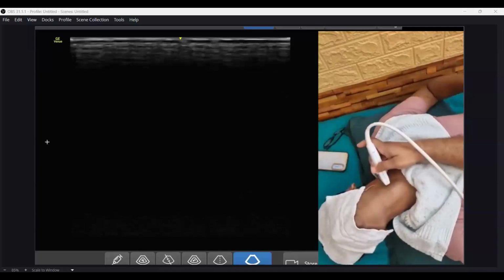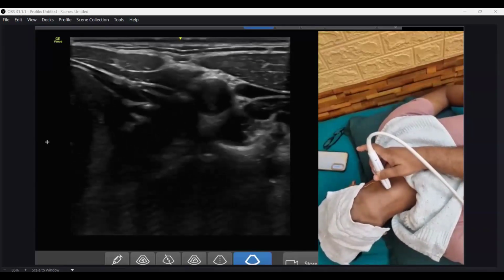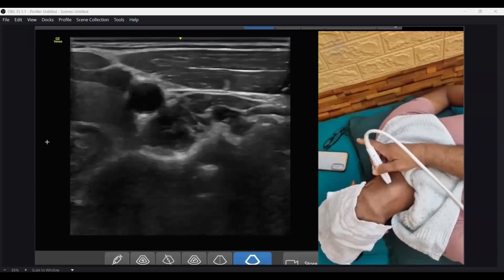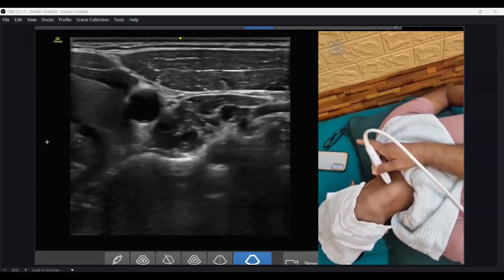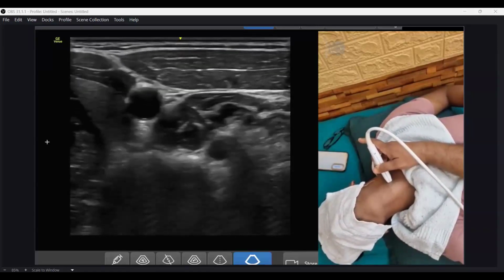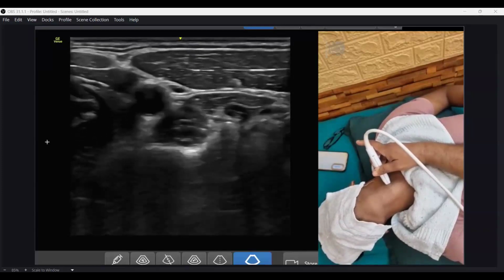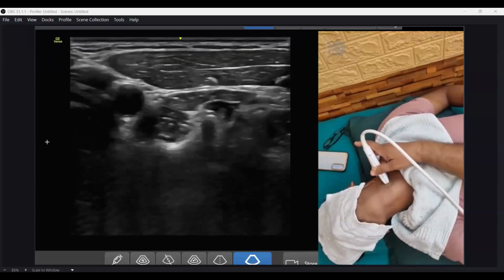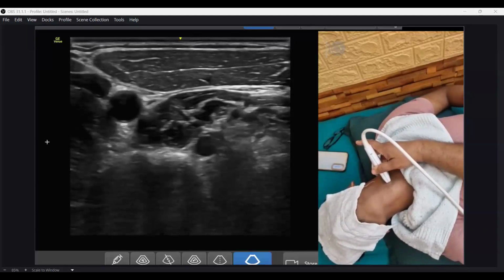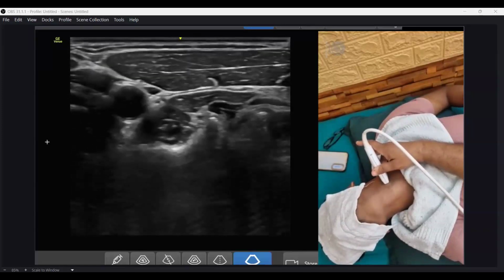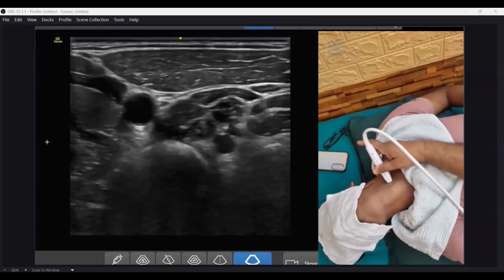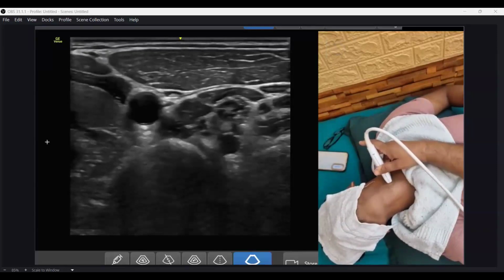Okay, so we need an extended head. For the C6 it was fine, we are able to see easily, but if you go to the lower level, now see, from here it was good, we can see the C6. Once we are going down from the C6, another artery starts appearing into our view.